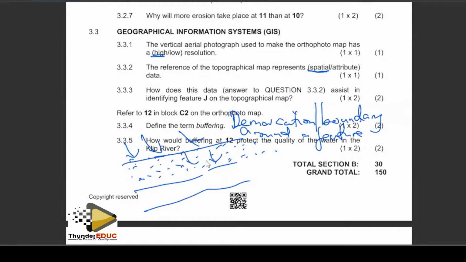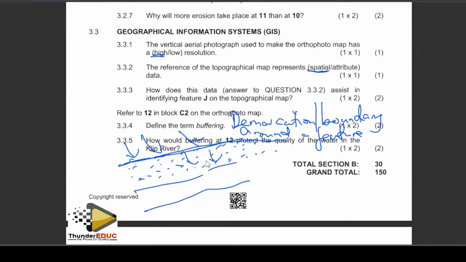They are acting as a boundary. Or we put a fence along the river to protect people from accessing the river. That is also a boundary. That is also an effect of buffering. We are trying to prevent human activities' influence on the river and ensure that they do not interfere with whatever is happening inside the river. So it's buffering in that dimension. Right.